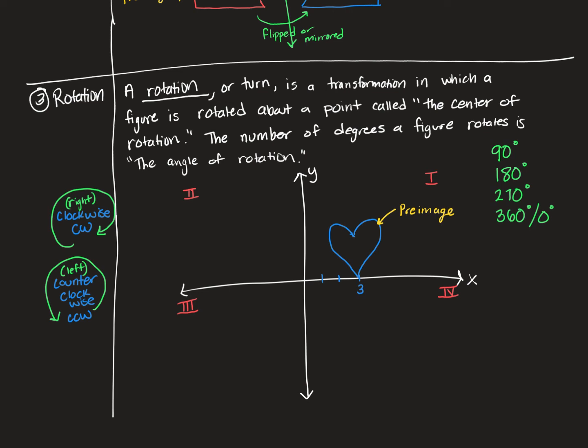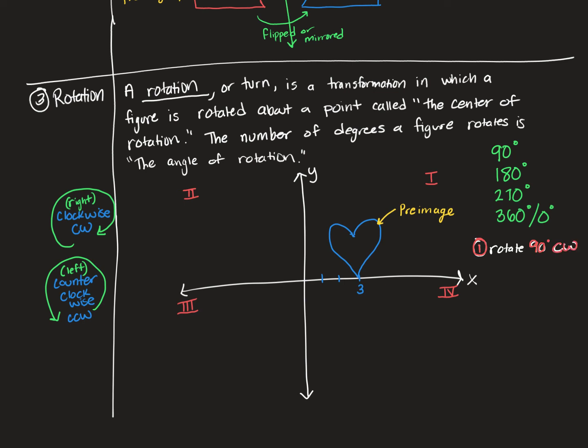So if we're going to rotate our pre-image, if we're going to rotate this heart 90 degrees clockwise, that means my shape, I'm going to write it in, I'm running out of colors, I'm going to write it in red. Rotate 90 degrees clockwise.